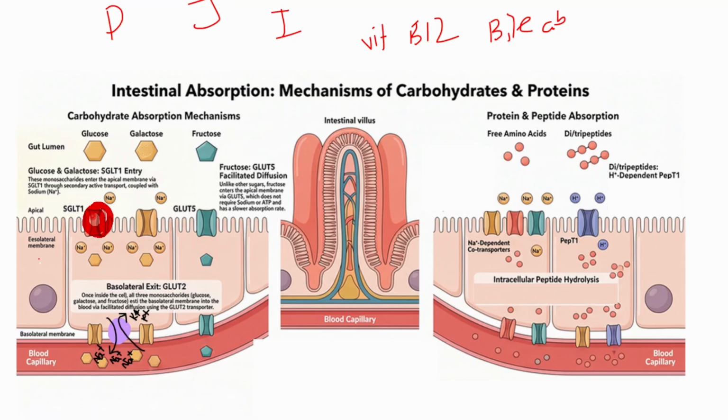These are the transporters, and when they are bound, the transporter will pull these monosaccharides. Let's say one glucose has arrived here, and this glucose will be pulled by the transporter across the apical membrane via secondary active transport coupled with the downward movement of sodium. That means both glucose and sodium will get inside the cell. As the sodium gradient plays a role in this glucose transport, we call this a secondary active transport mechanism.